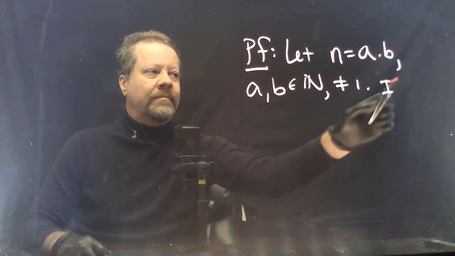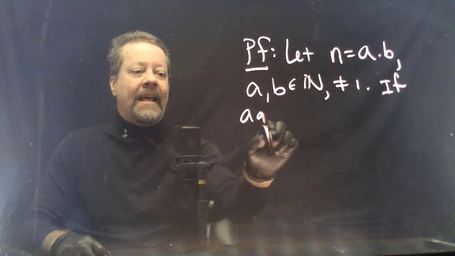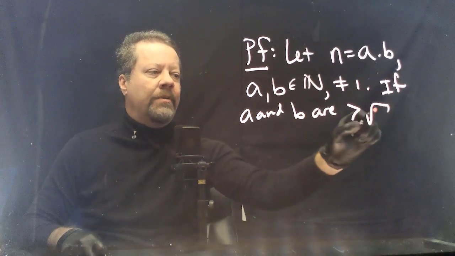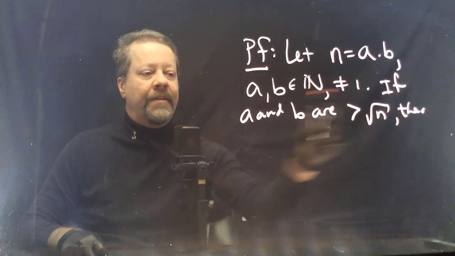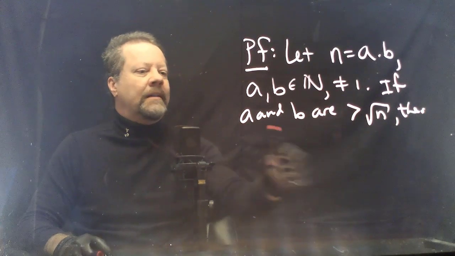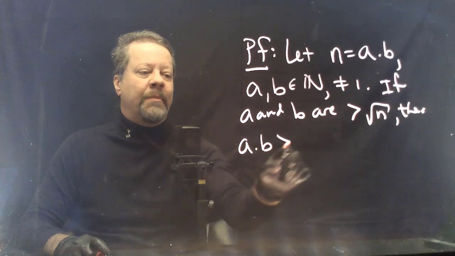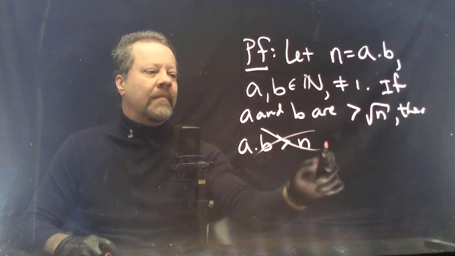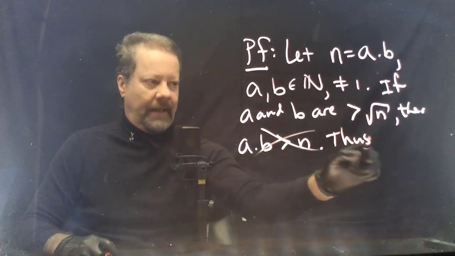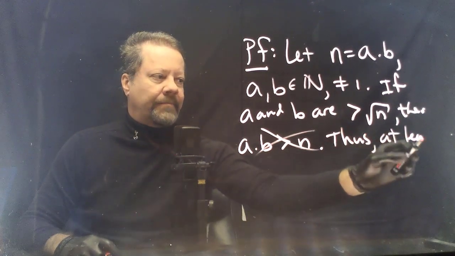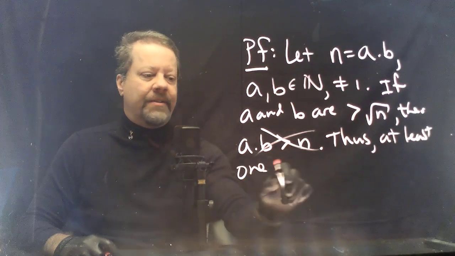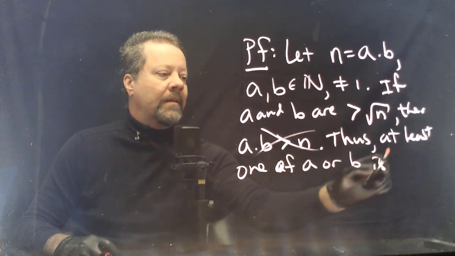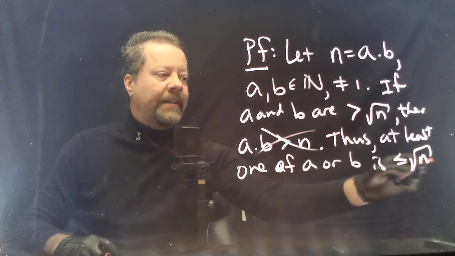Now, if a and b are both greater than the square root of n, then a times b will be bigger than n and not equal to n, and that's a contradiction. Thus, at least one of these factors, one of a or b, is less than or equal to the square root of n.